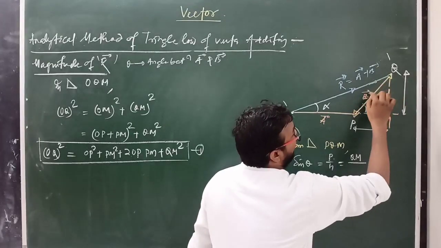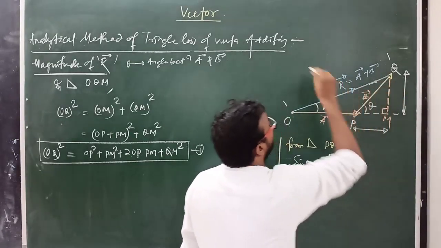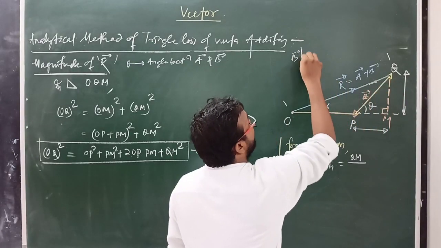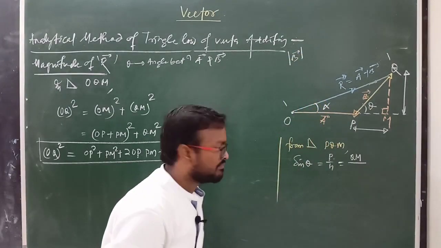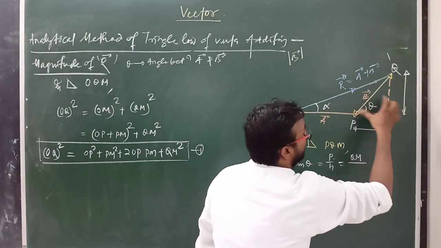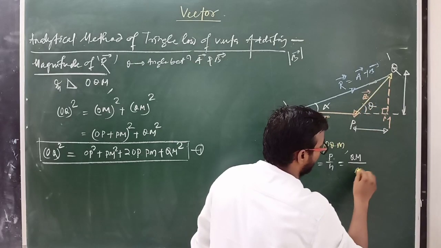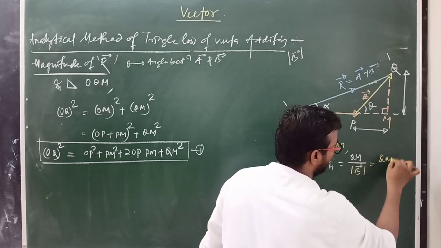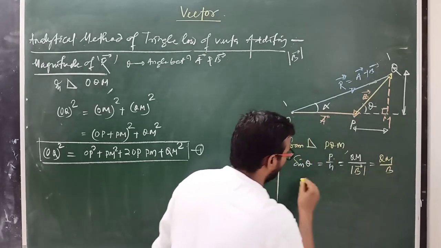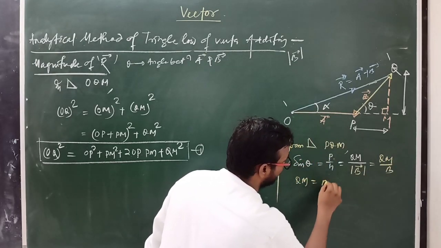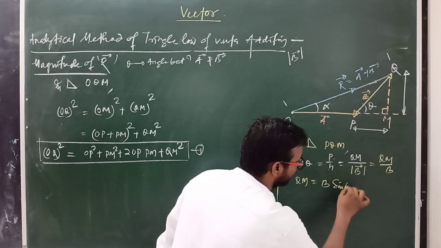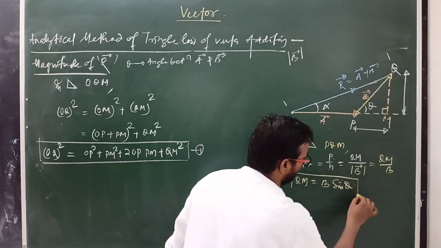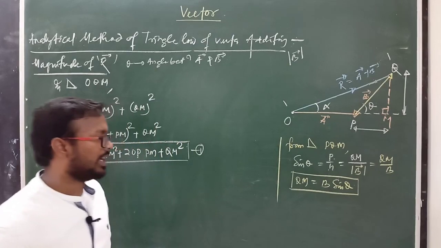This hypotenuse is vector B and its magnitude will be B. So perpendicular upon hypotenuse is QM by B. So QM equals B sin theta. We got the value of QM.